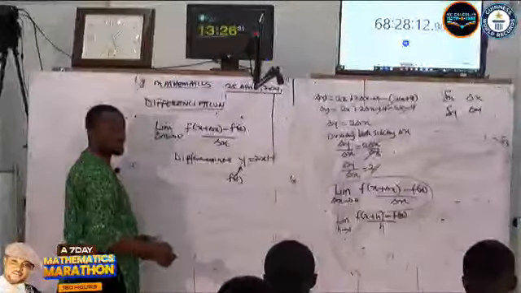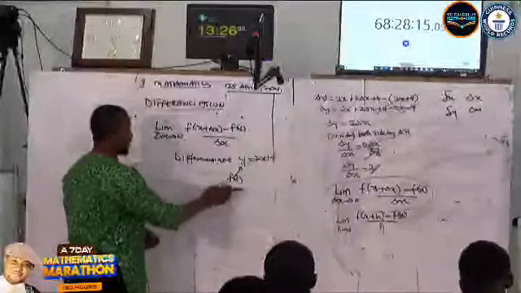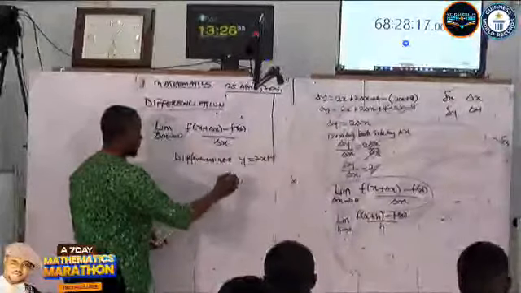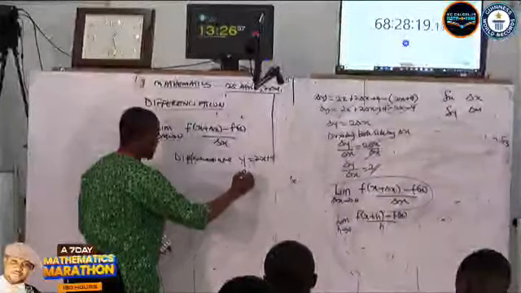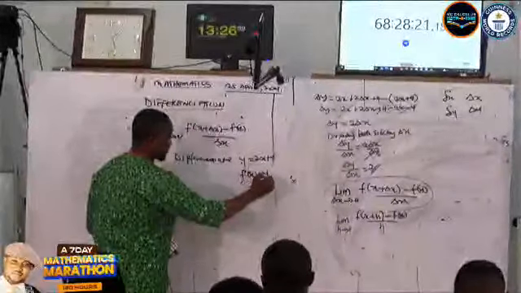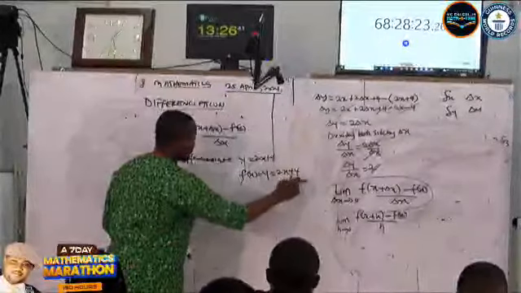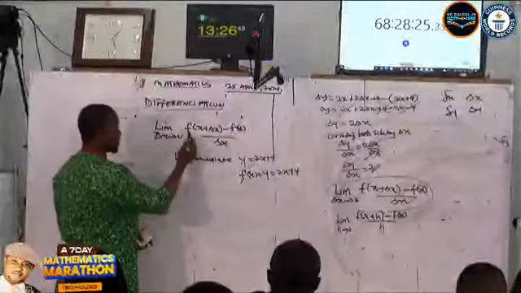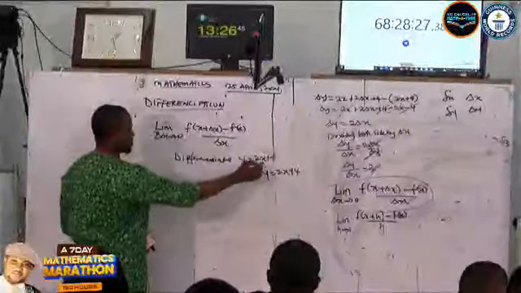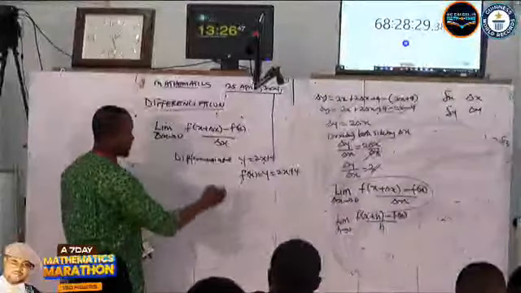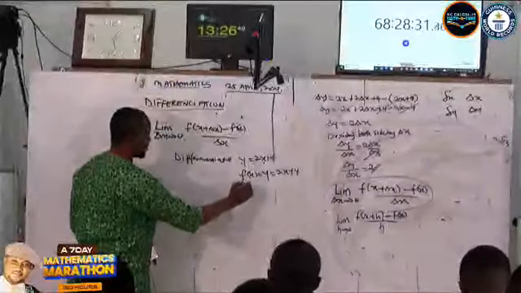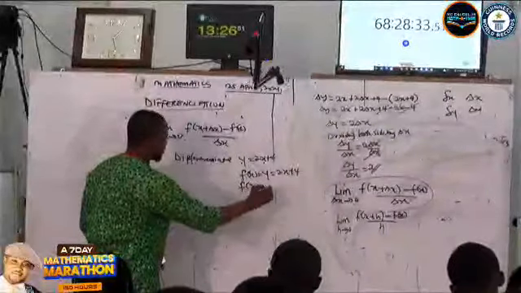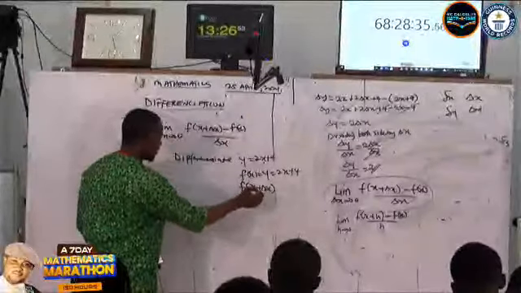So if you have f of x equals y equals 2x plus 4, now if I have f of x plus change in x, it means whenever I see x, I put this.